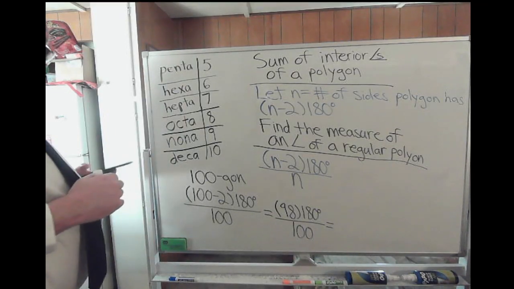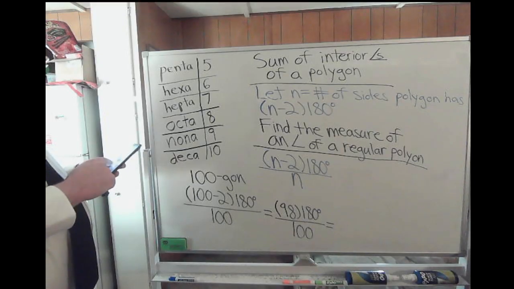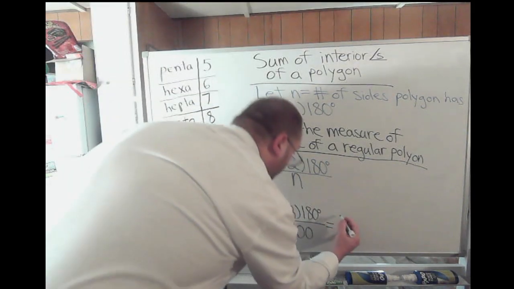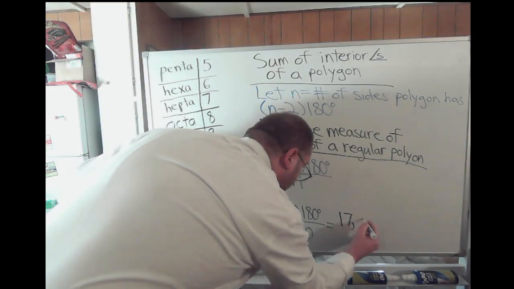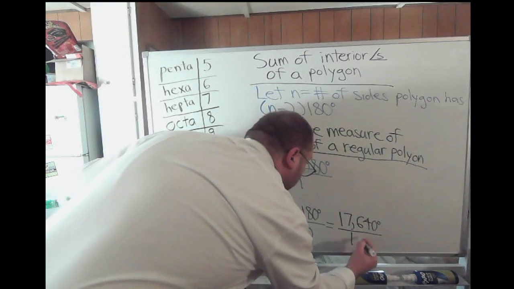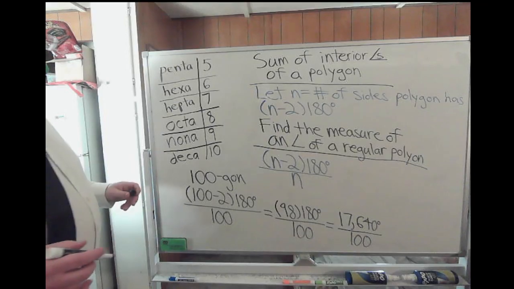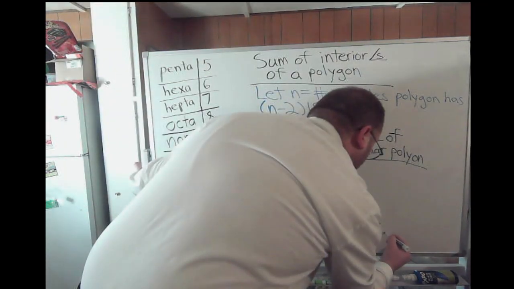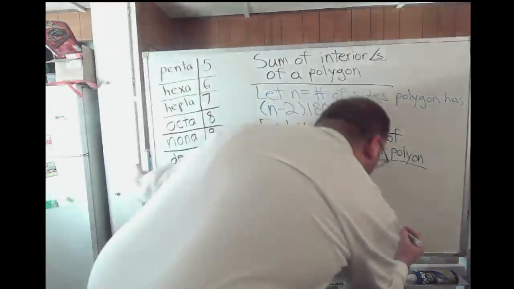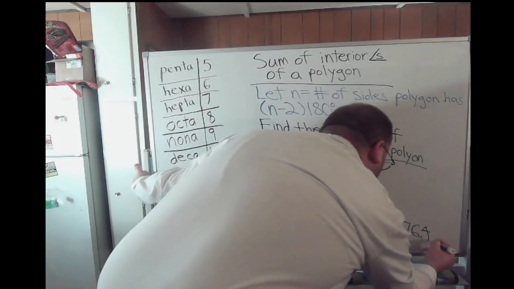Alright, I forget what 98 times 180 is. Let's look that up. 17,640. So you would take 17,640 degrees over 100. Because since it's a 100-sided figure, it's also going to have 100 angles that are equal to each other. 17,640 divided by 100, that's going to be 176.4 degrees.